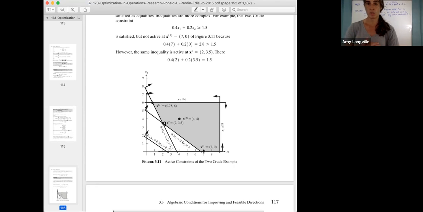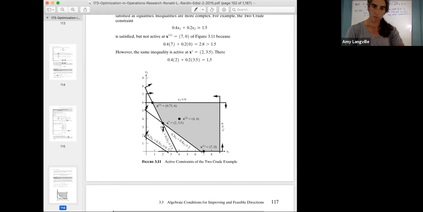So I have a few questions about these different points. Let's go to the point x3 right here, 0.75, 6. It's this point here. Which constraints are active here? It's going to be the two that are involved in the intersection. x2 less than or equal to 6 is satisfied as equality because x2 equals 6 at this point.